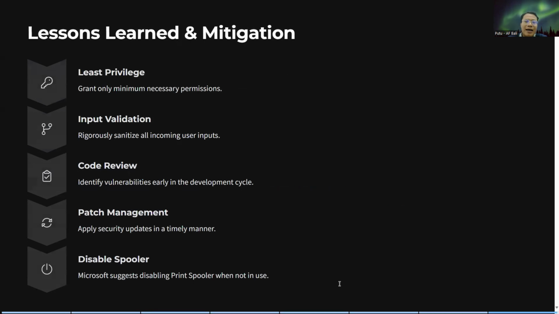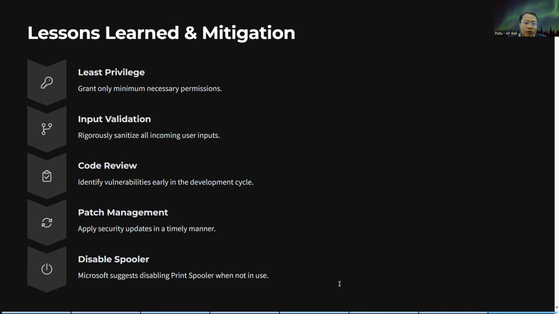And what lessons can we learn in this case? First, least privilege: grant only the minimum necessary permission, which is already standard in programs nowadays. Then input validation: rigorously sanitize all incoming user inputs. Code review, to identify vulnerabilities early in the development cycle.